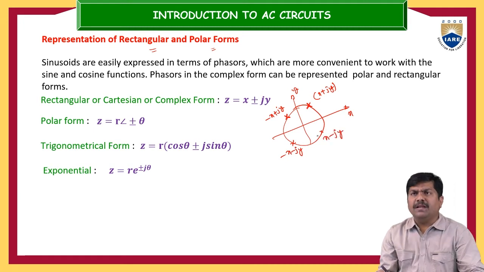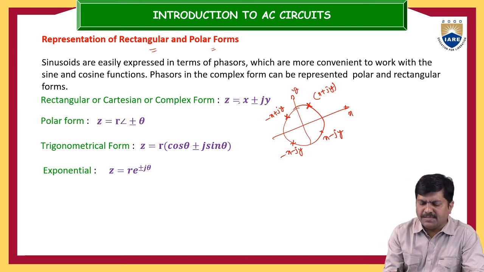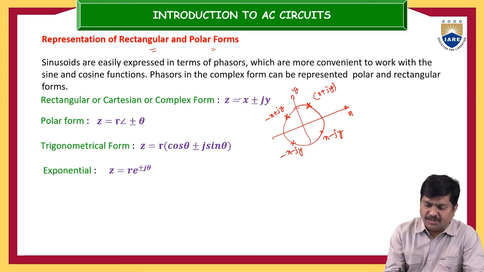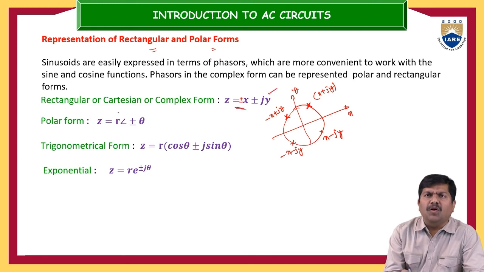So any point in the space in rectangular coordinates is plus or minus x plus or minus jy. If any quantity is represented like this, this form is called the rectangular one.